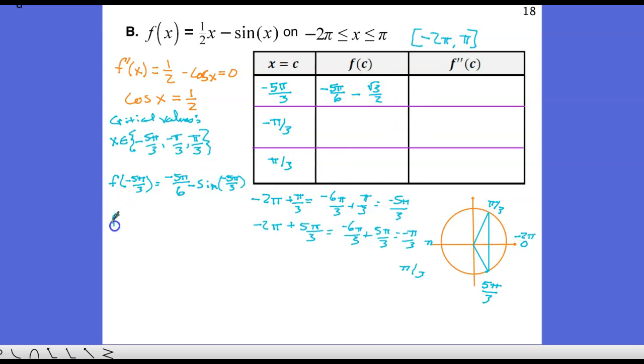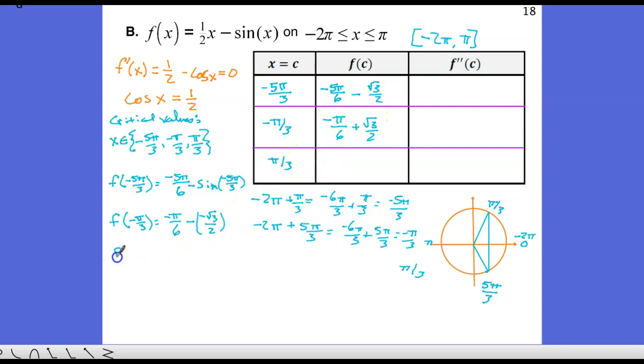Now let's do f of negative pi over 3. So negative pi over 3 times 1/2 is negative pi over 6 minus the sine of negative pi over 3. Sine is negative square root of 3 over 2, so minus a negative square root of 3 over 2. So that'll be negative pi over 6 plus square root of 3 over 2, and you can write square root of 3 over 2 minus pi over 6 if you want to.